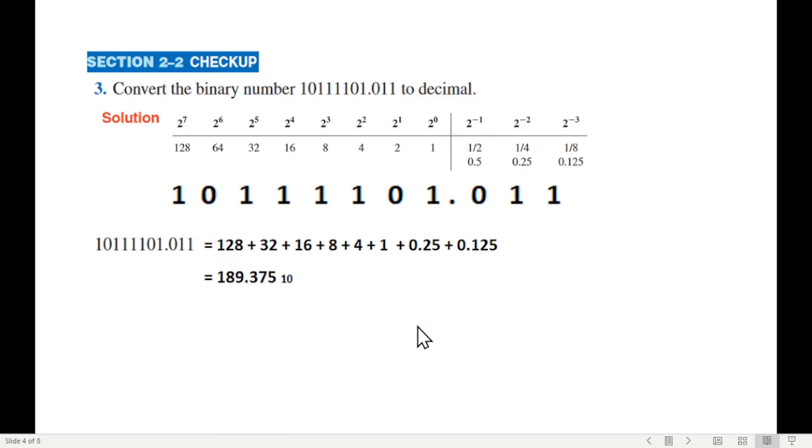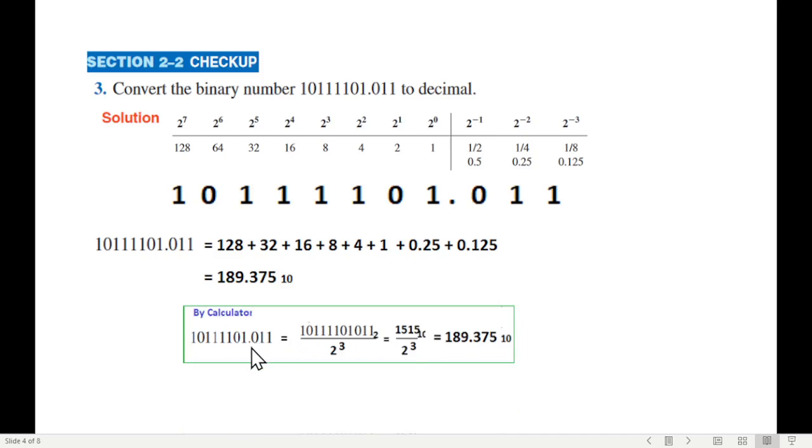Here also you can verify it. We have to move 3 places to the right, so we get this number divided by 2 raised to the power 3 because we moved 3 places. When you convert this into decimal, you will get 1515 divided by 2 power 3, and as we did earlier, you will get this answer. So let me show you.